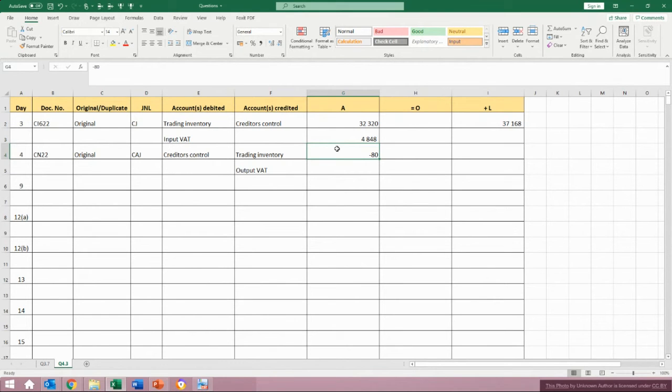So my question, I'm going to repeat it. When we look at creditors control, will that amount be inclusive or exclusive of VAT? What do you guys think? So the amount I paid the creditor, did it include VAT?